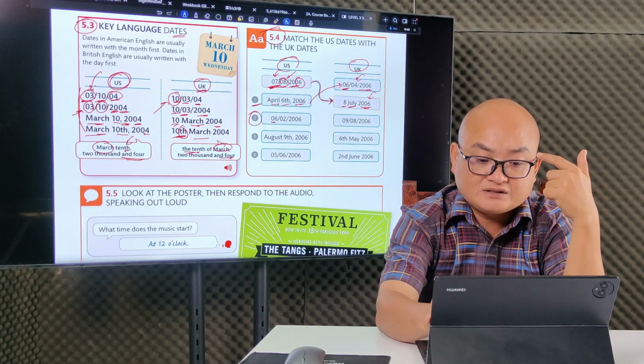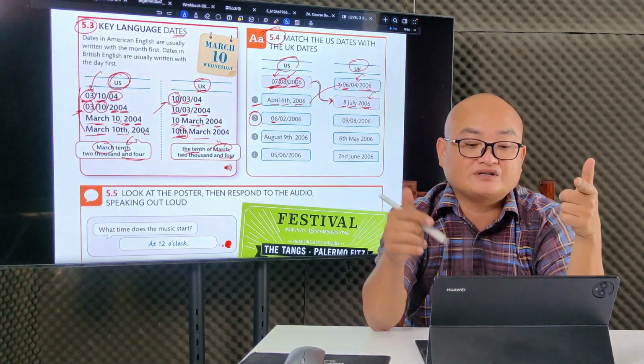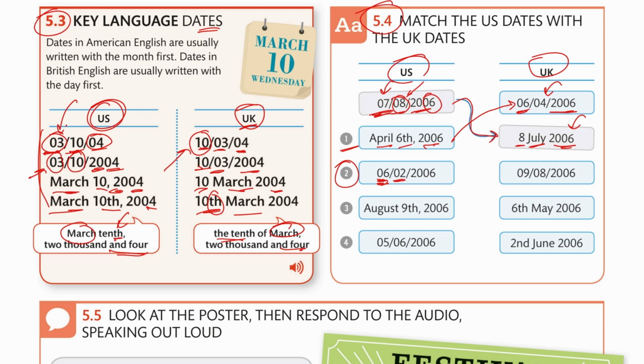So US, they tell you the month first. So 06, it's June, right? 06 is June. So June 2nd, we don't say June 2, okay? June 2nd, that's an ordinal number. We learned already about ordinal number and cardinal number. This is the ordinal number. It tells you about the order of the day of the month.